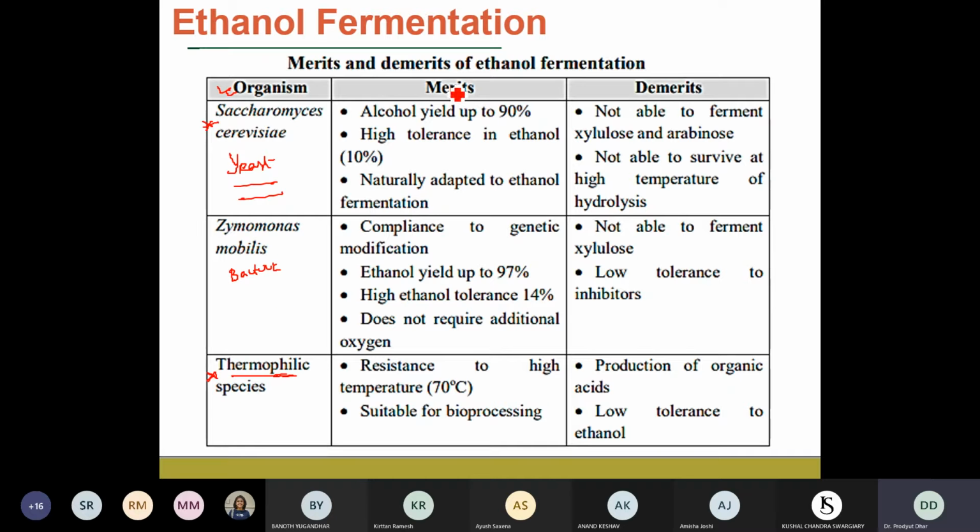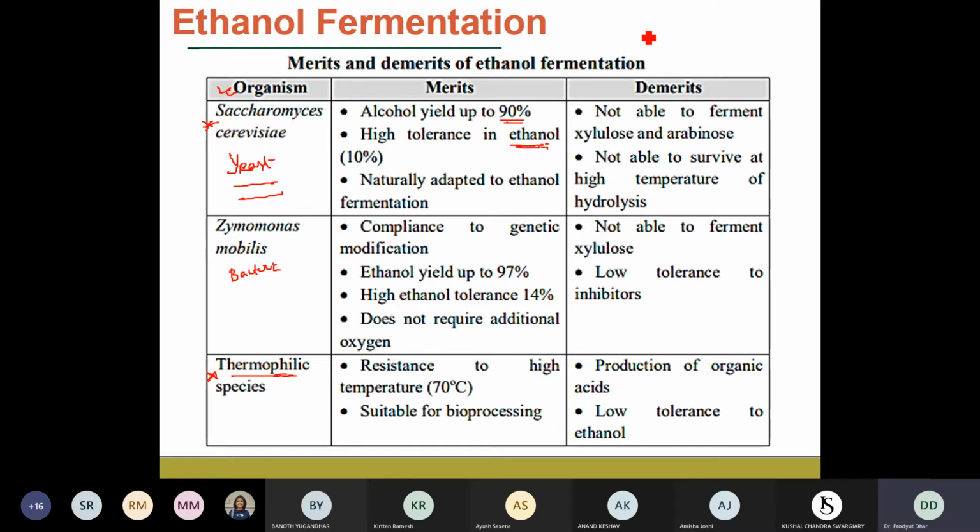If you look into the merits of Saccharomyces cerevisiae, it has an alcohol yield of almost 90%, and also a high tolerance of ethanol. In the fermentation of ethanol, the product being produced may have some inhibitory effect.